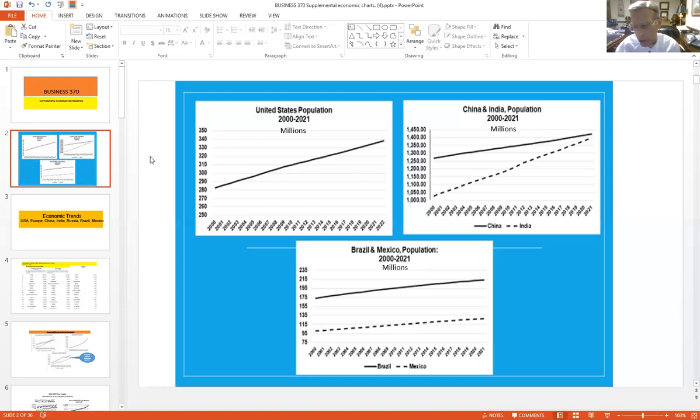We should see it level off and then begin to decline. That's just because there will be fewer people added to the population by births. That's, of course, being offset by people living longer. The result being that China's population is aging, and that has some very real economic consequences.